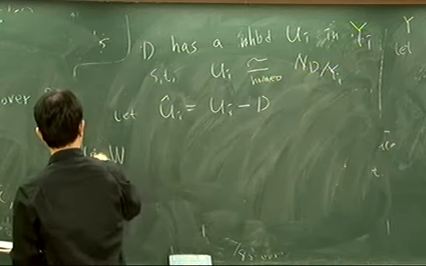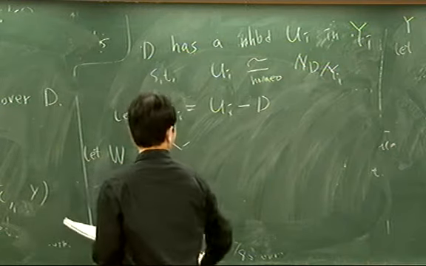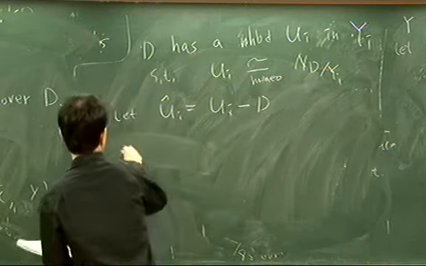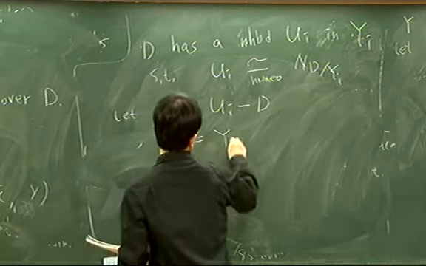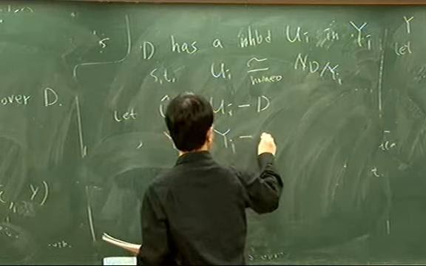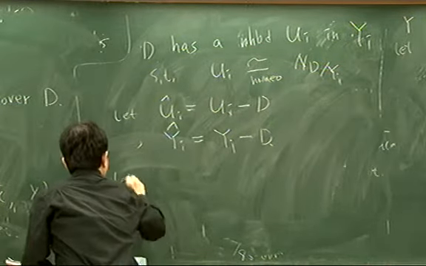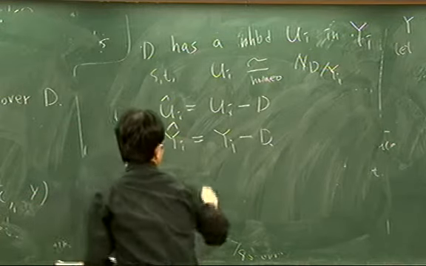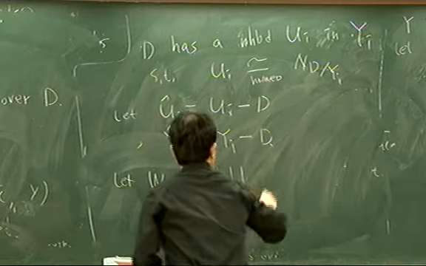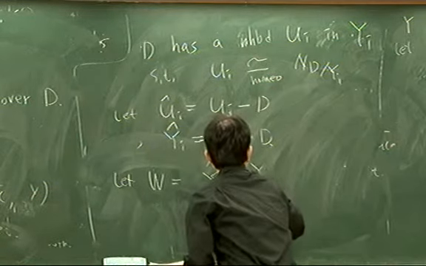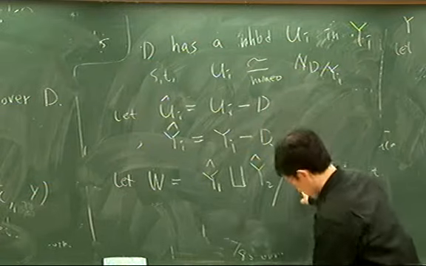So Yi is Y1 minus D hat. So let W be Y1 hat, the disjoint union Y2 hat, and paste it.